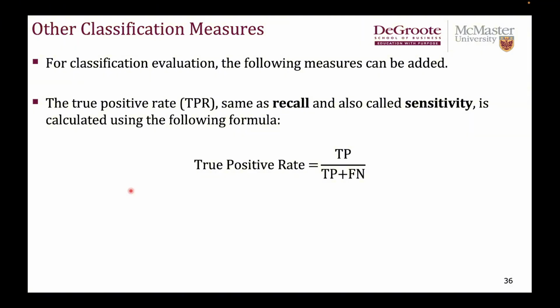But this one also has several names. It's also called sensitivity, but it's actually the same thing as recall, right? If you compare the formula, it's the same thing as recall. It's just to see how many true positive predictions you have made out of the actual positive outcomes. So nothing new, same as recall.